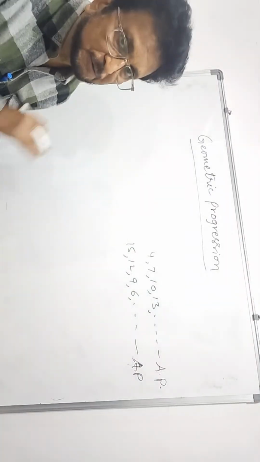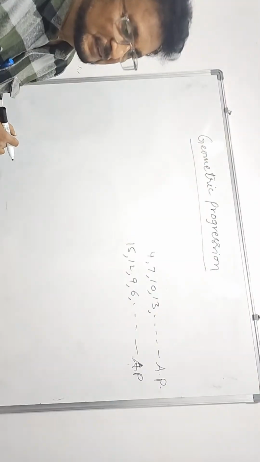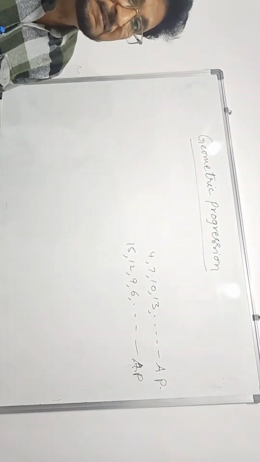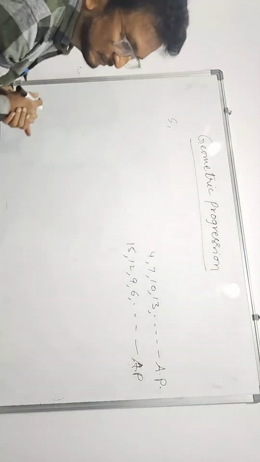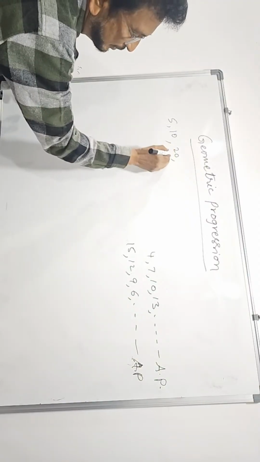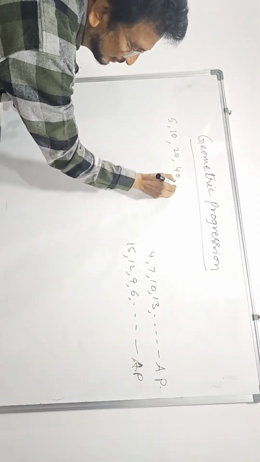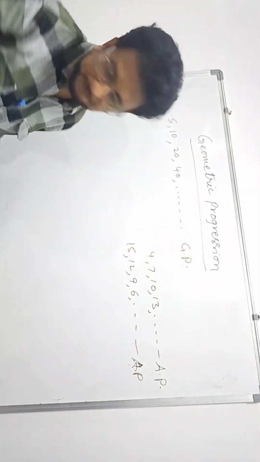This was arithmetic progression. But in geometric progression, instead of adding, we get the terms by multiplying with a fixed number. For example, 5, 5 twos are 10, 10 twos are 20, 20 twos are 40. This is called geometric progression, GP.